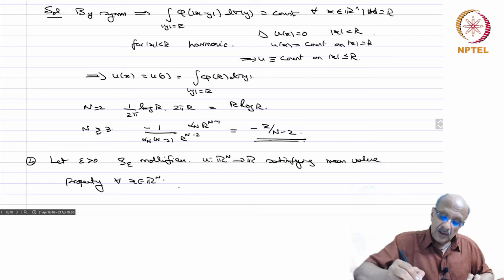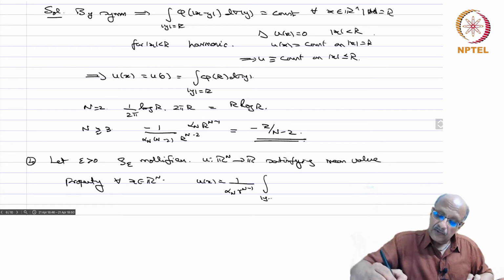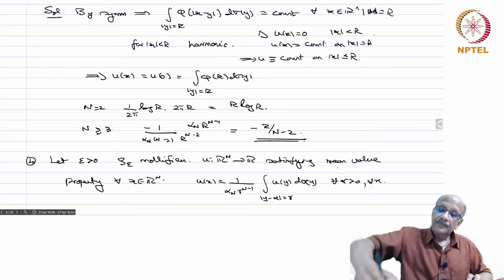That means u of x equals 1 by alpha n r power n minus 1 times the integral over mod y minus x equal to r of u of y d sigma y, for every r and for every x.